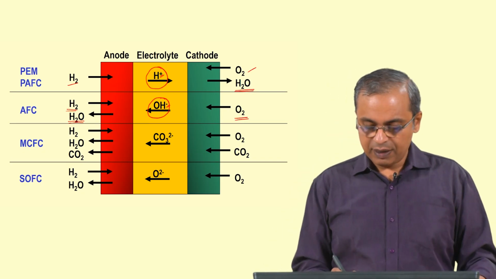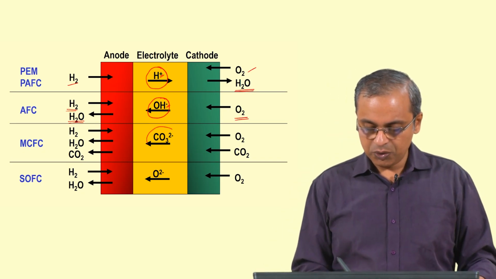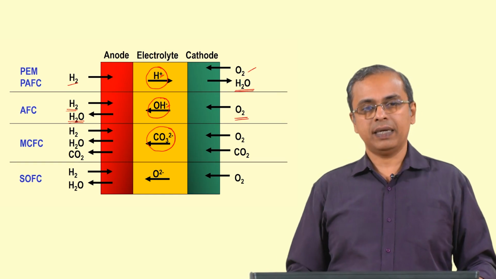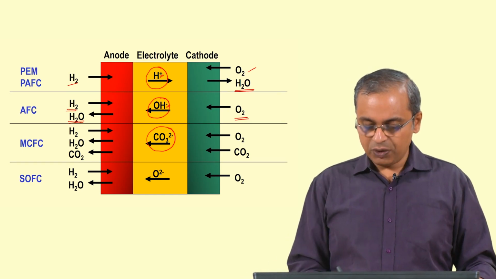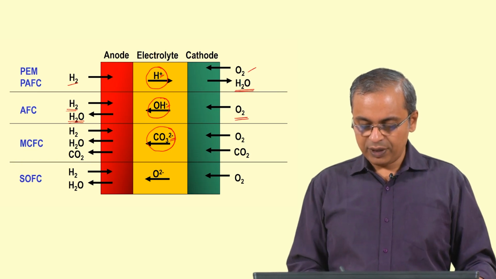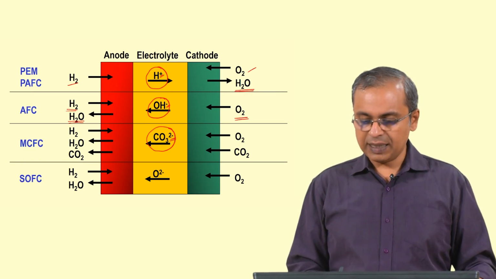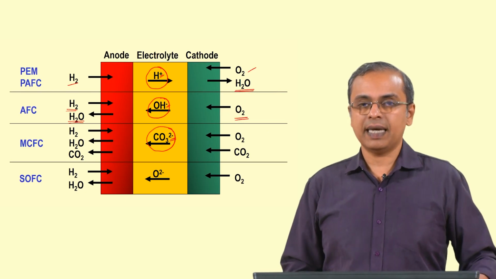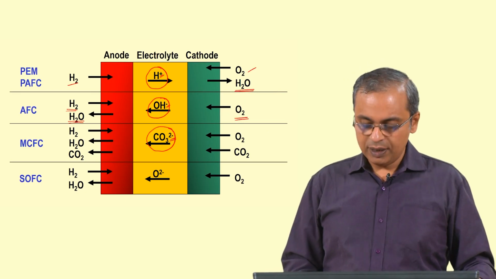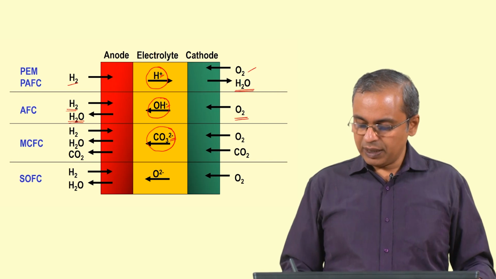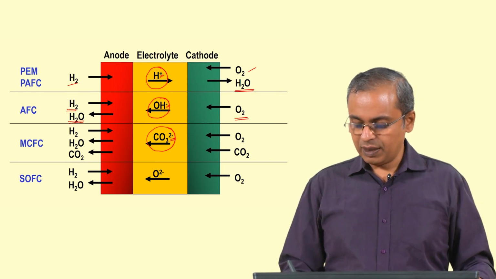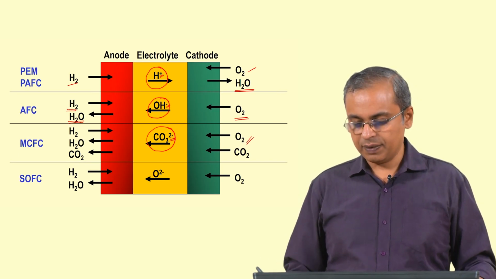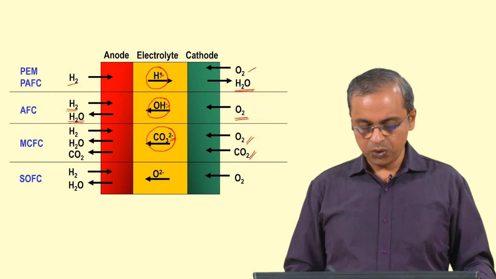Okay. So, this is something that you see here. The molten carbonate fuel cell, you have the CO3 2 minus carbonate ions being involved. Again, it is a negatively charged ion. So, you can see here 2 minus is the charge, therefore, it is travelling from the cathode to the anode. That is the direction of flow of the ion. Here it turns out that you send oxygen as the reactant on the cathode, and you also include CO2.